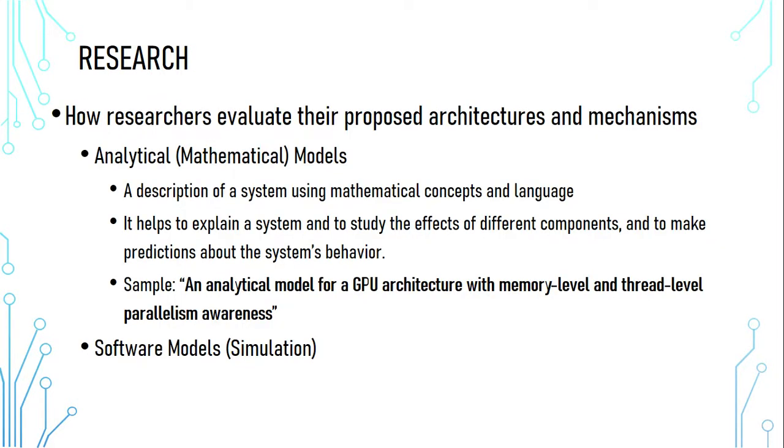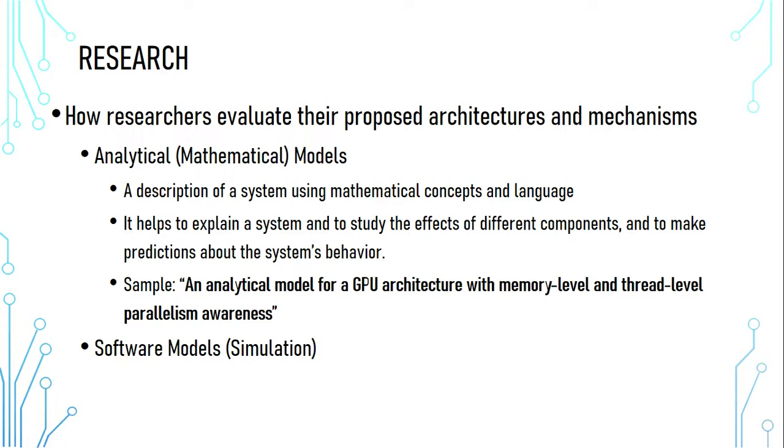So now we know what performance is, but how do researchers evaluate their proposed architectures and mechanisms? They usually use either analytical models or software models. Analytical or mathematical models describe a system with mathematical language, helping to explain the system, to study the effects of different components, and also to make predictions about the system's behavior.